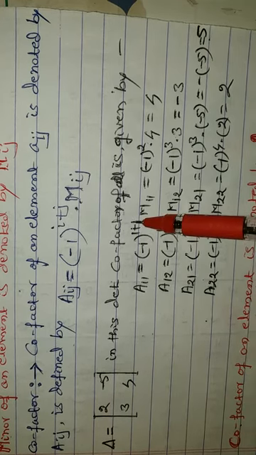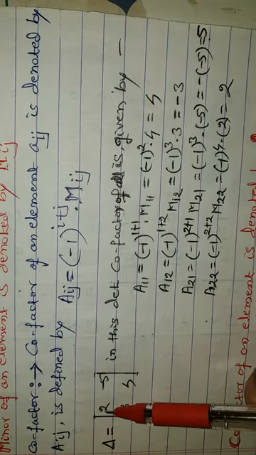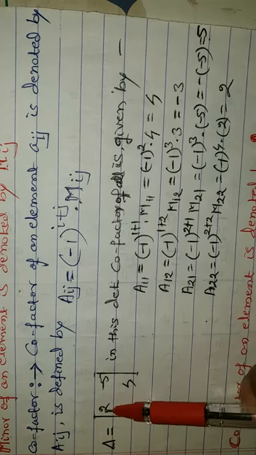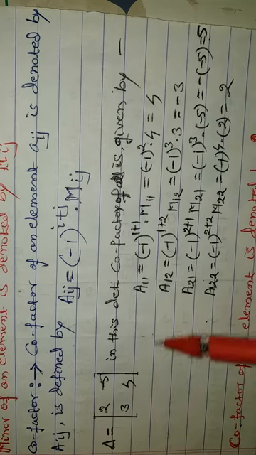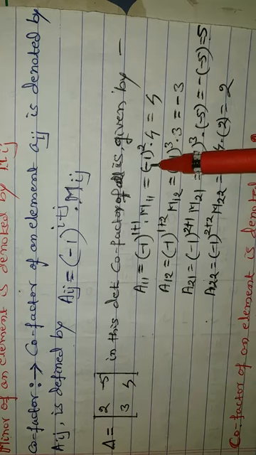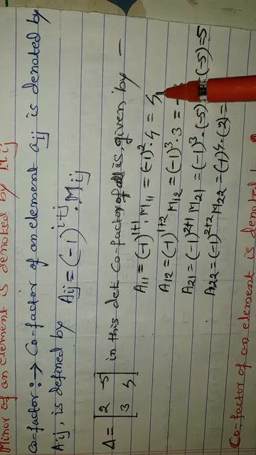Its minor is 4. Minus 1 squared is 1, and 1 into 4 becomes 4.